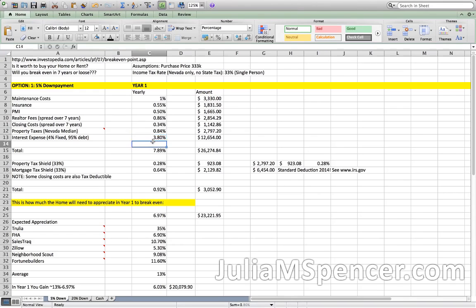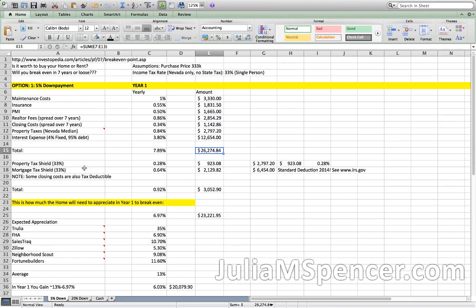That gives you 3.8% per year, because your debt is 5% less than the purchase price. So overall, when you add all these up, the cost of home ownership is 7.89% per year, and this is the dollar amount.